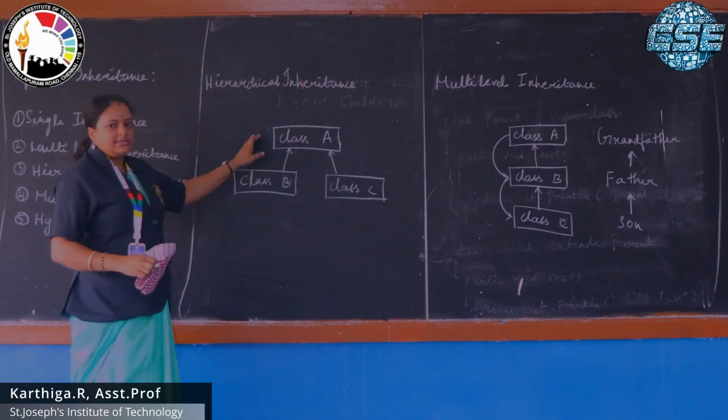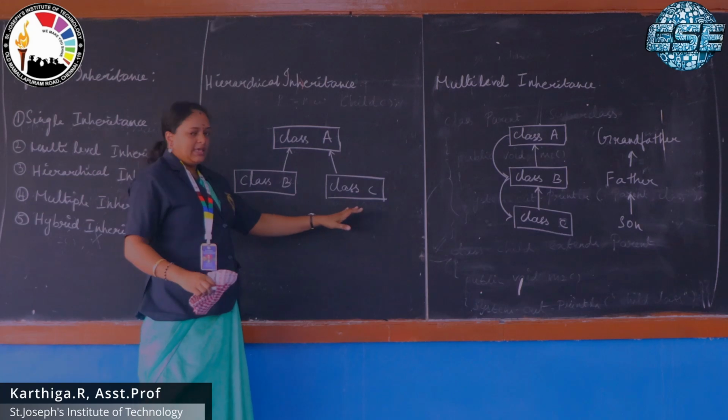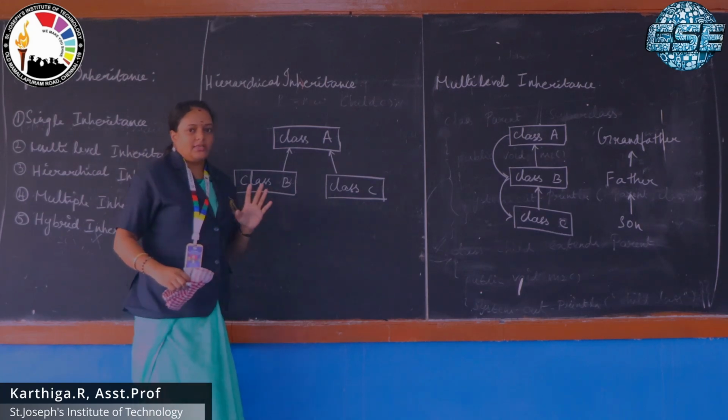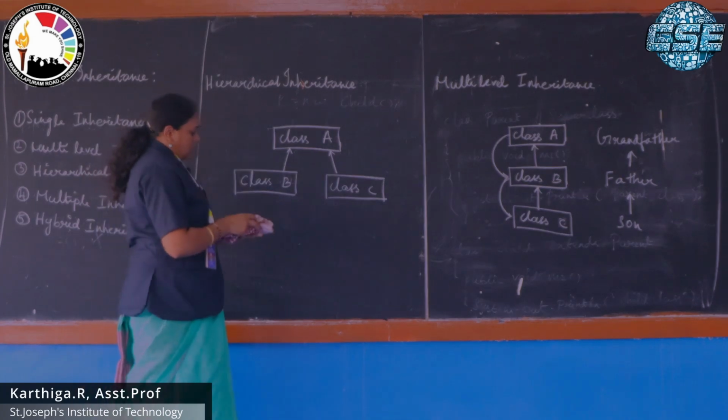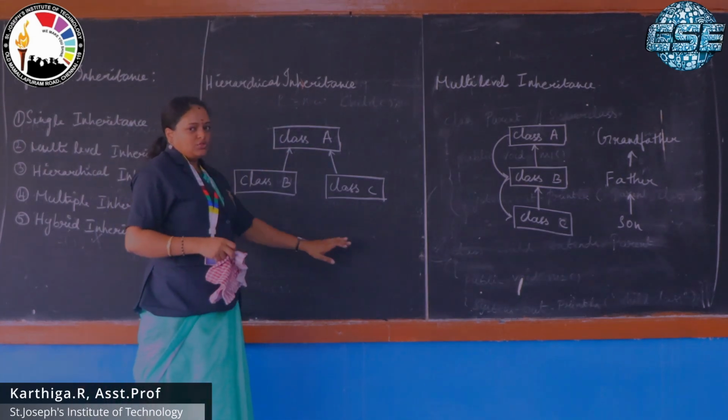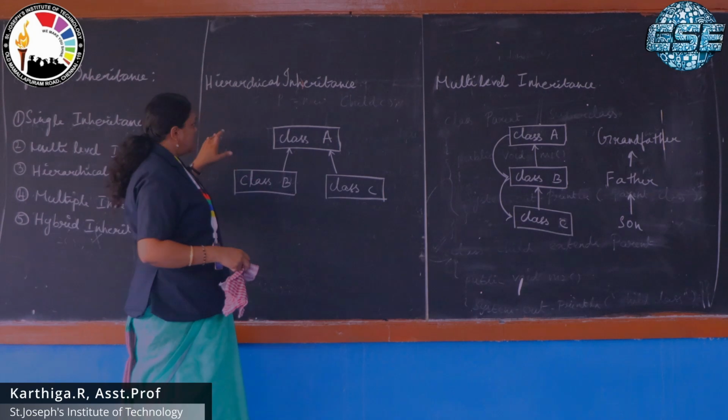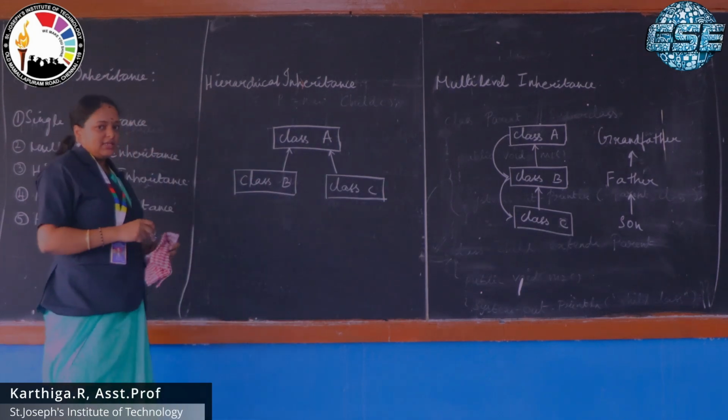Class A is parent for class B and C. This is hierarchical inheritance. Okay. So one parent has two childs. This is the structure of hierarchical inheritance.